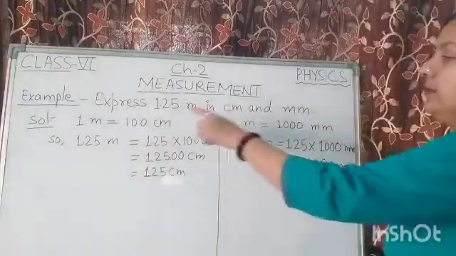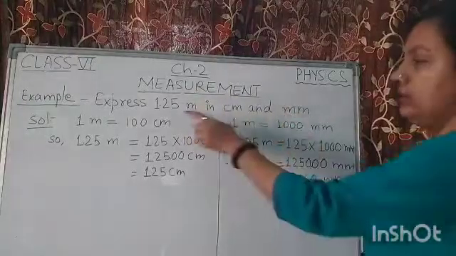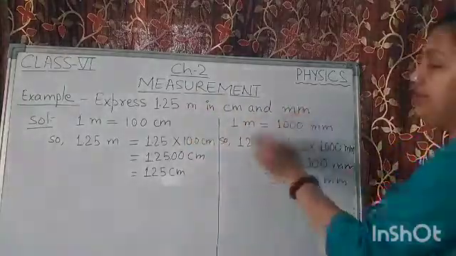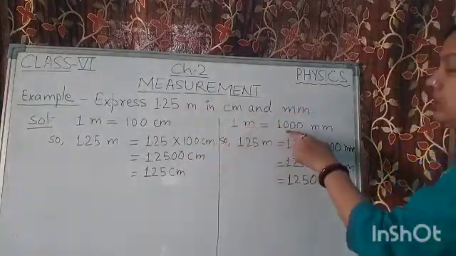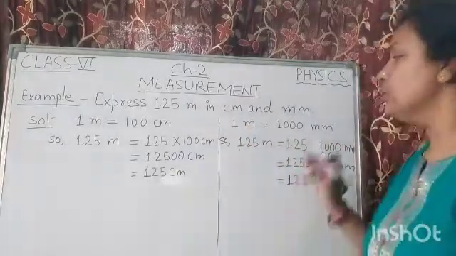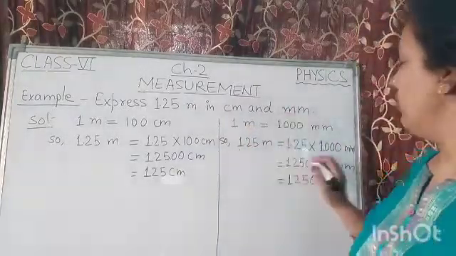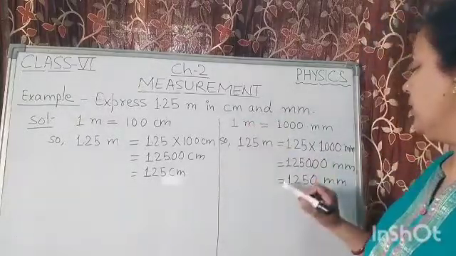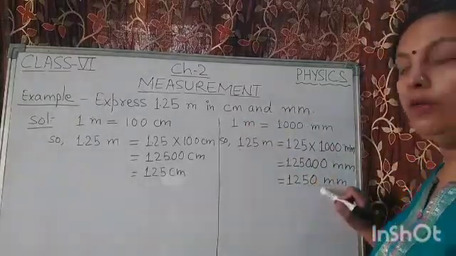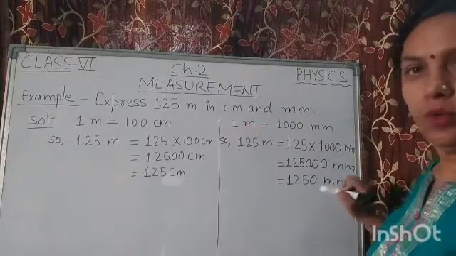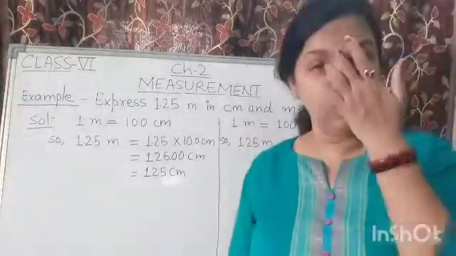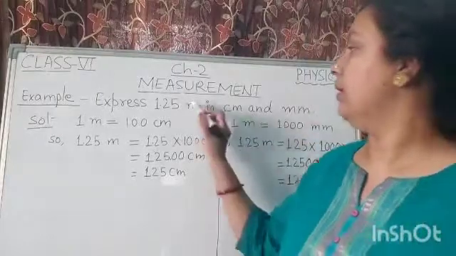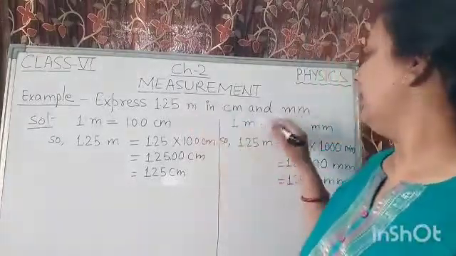Similarly, when we have to convert this into millimeter, we will write 1 meter is equal to 1000 millimeter. So we will multiply this value by 1000 millimeter. So we will get 1250 millimeter. Like this you can convert any unit to any other unit.